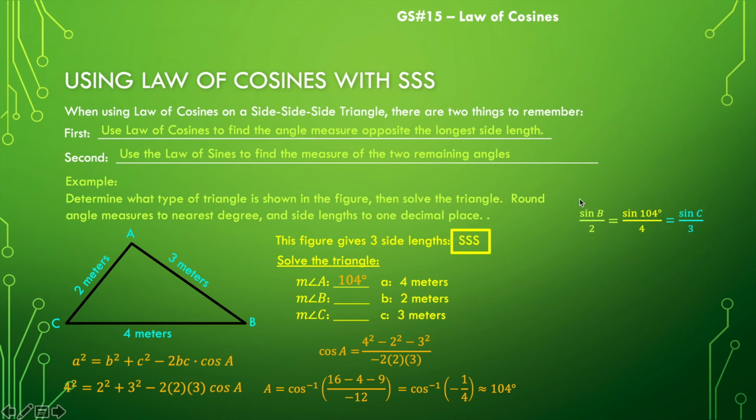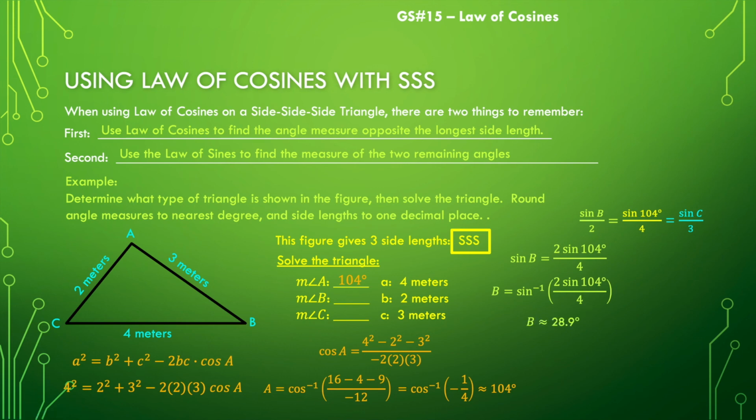So let's focus on these two ratios, and we will say the sine of angle B is equal to 2 times the sine of 104 degrees, all divided by 4. Of course, then B will have to equal the inverse sine of 2 sine 104 degrees over 4.